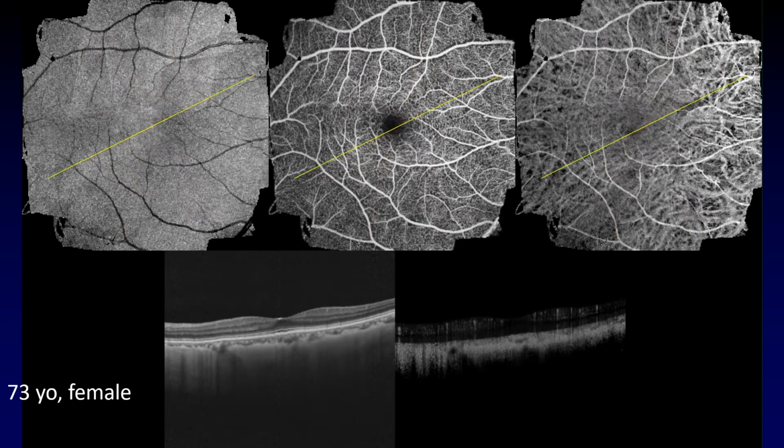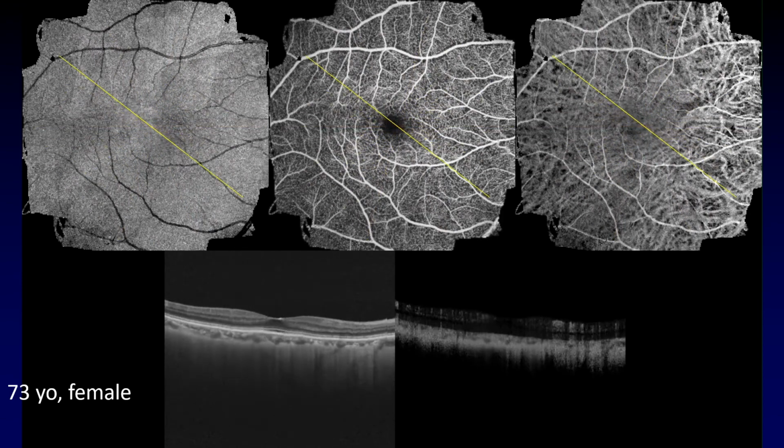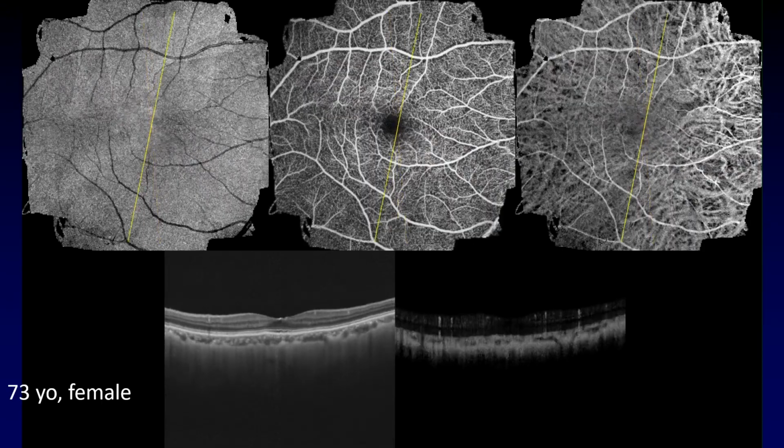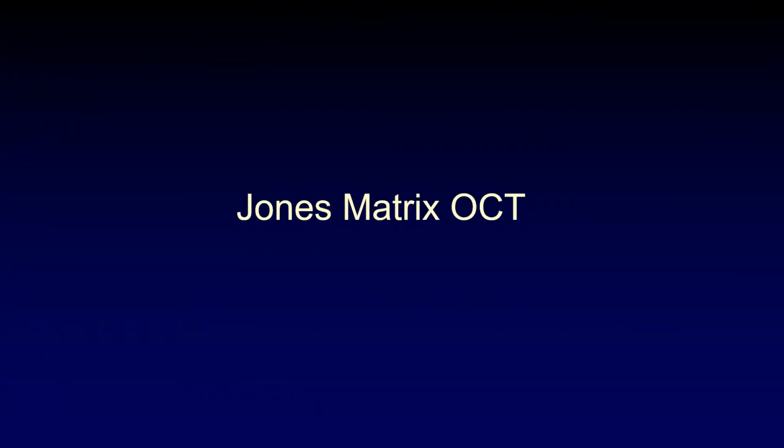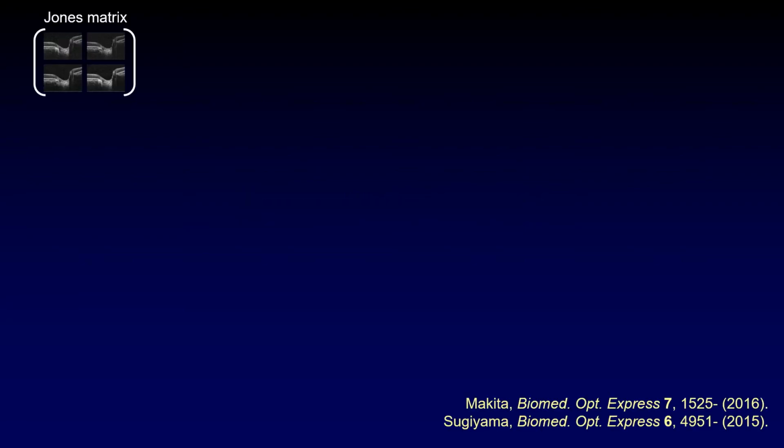The next point is how we obtain the specific contrast to the RPE and melanin. The key technology for this is the Jones Matrix OCT. The Jones Matrix OCT is a hardware extension of OCT, and it gives a three-dimensional distribution of the Jones matrix of the sample.